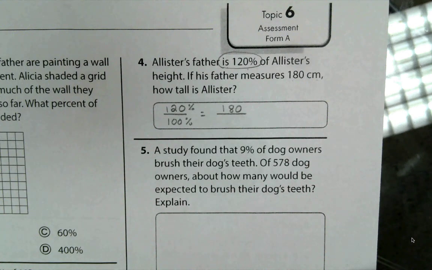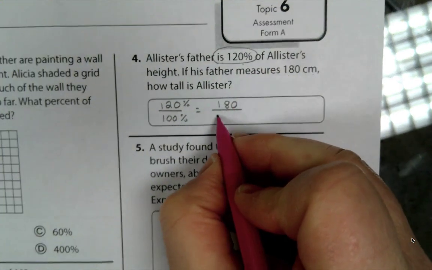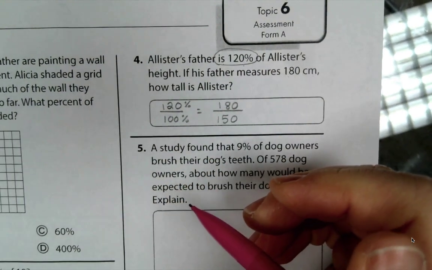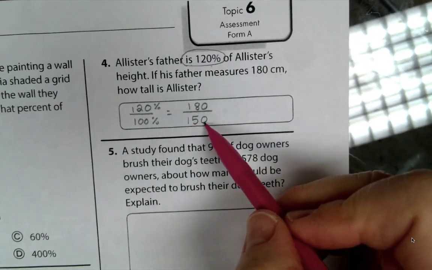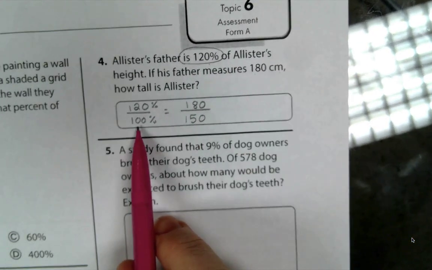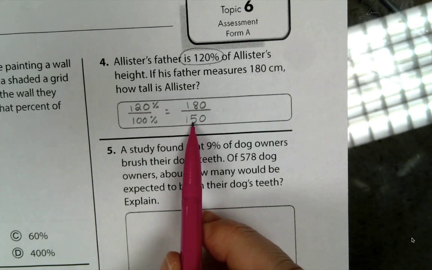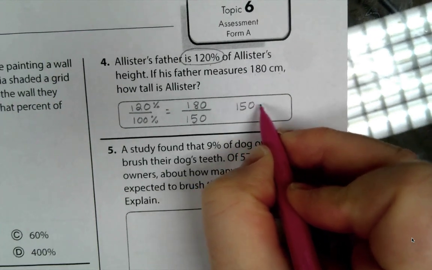Then divide that by 120. So Alistair measures 150 centimeters. If you're like, wait a minute, that's smaller, well, 100% is smaller than 120%. So naturally, my of is going to be smaller than my is. So let's write 150 centimeters.